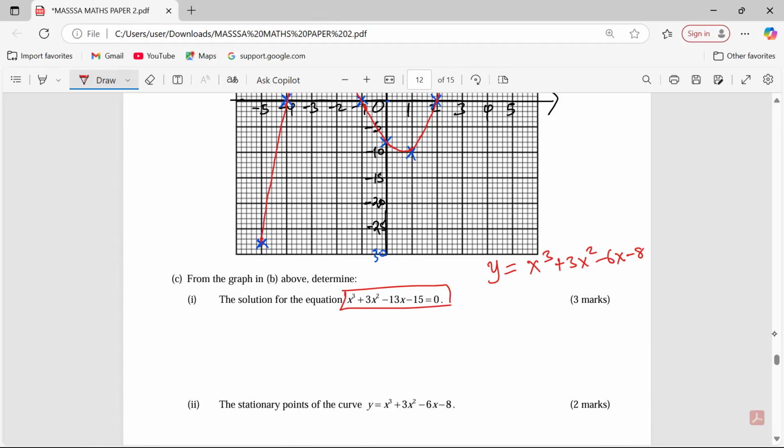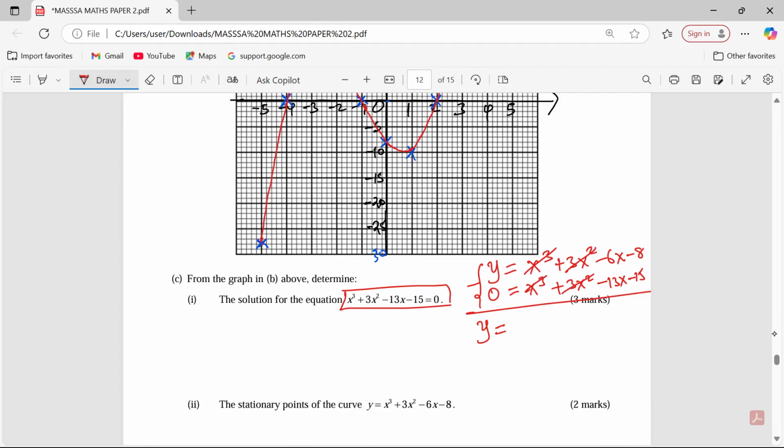So with that as the plotted function, now we subtract 0 equals x power 3 plus 3x squared minus 13x minus 15. Now we subtract everything. y minus 0, that's y, equals, when you subtract, that cancels, this one also cancels. So we have negative 6 minus negative 13.